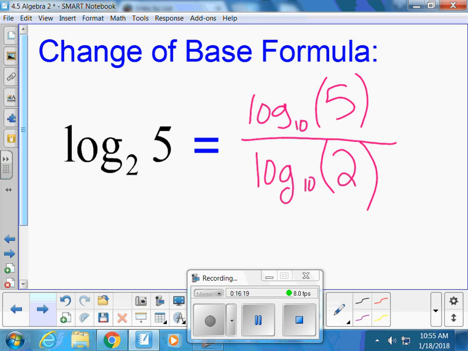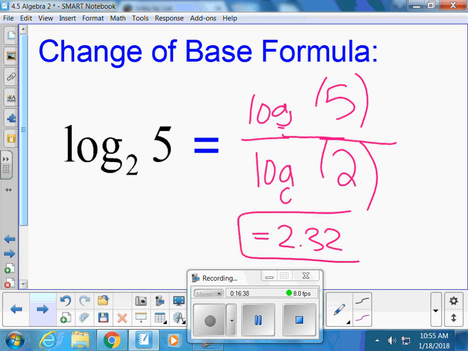You do log 5, close the parentheses, divided by log 2, close the parentheses. You don't actually see the 10, so I should probably erase that so you don't get confused. That's how you can solve something that's not base 10 with a base 10 button. Make sense? And if you ever need to Google this, it's called the change of base formula.